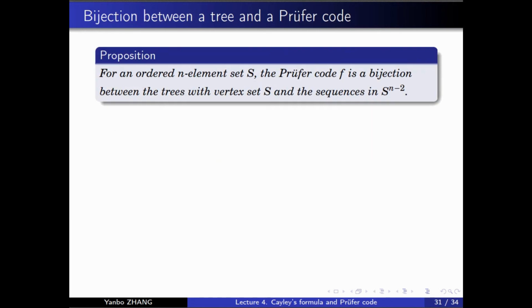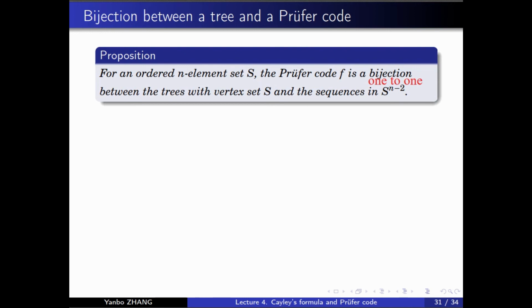The final section is this proposition. For an ordered n-element set S, the Prufer code F is a bijection, a 1-to-1 correspondence between the trees with vertex set S and the sequences in S to the power of n-2.